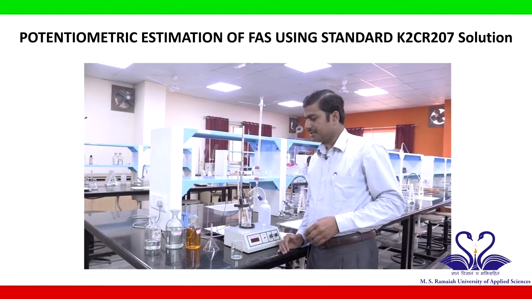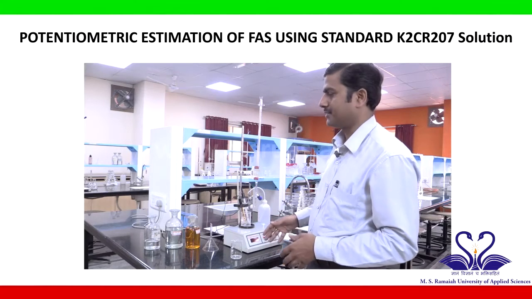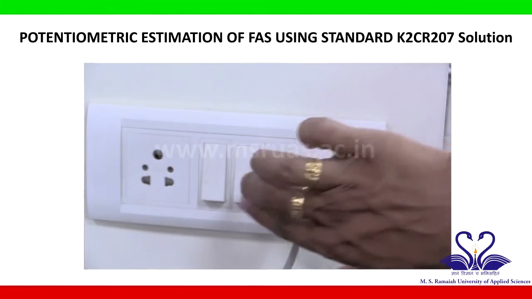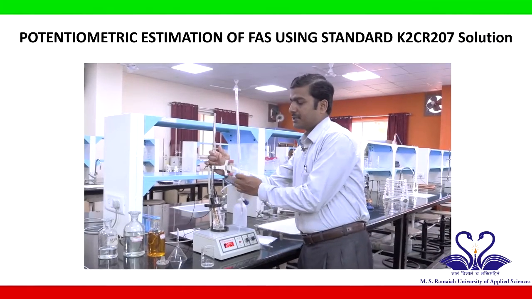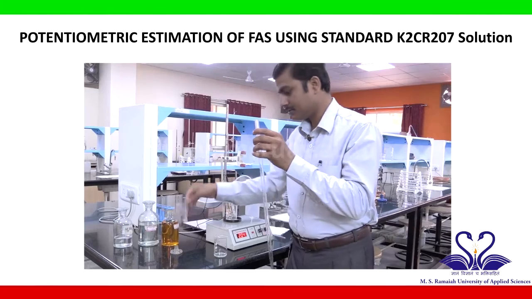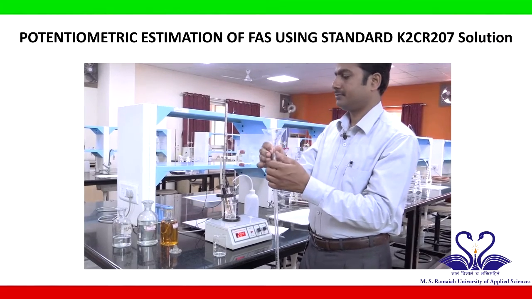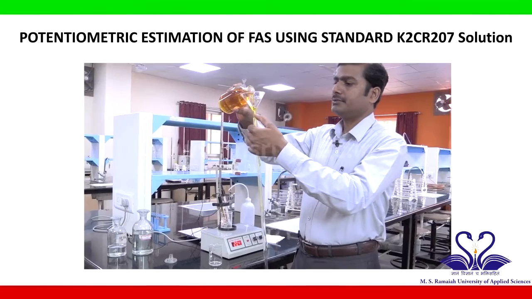Before adding the reagents, let us switch on the instrument so that it gets stabilized. Now let us fill the standard potassium dichromate solution into this burette using the funnel. Add the reagent slowly.